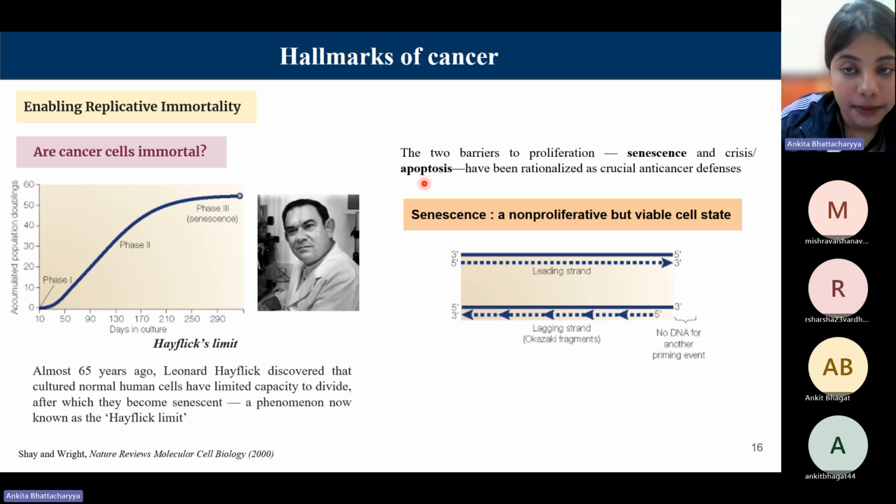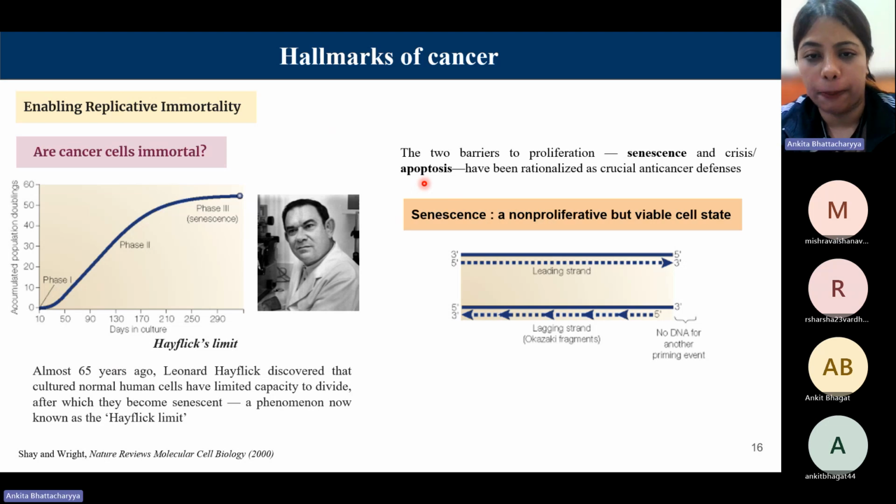On the other hand, the second barrier to cell proliferation is attaining senescence. So that senescence is also lost. What is senescence? Senescence by itself is a non-proliferative but viable cell state, which means that the cell is alive and functional, but it is not dividing.